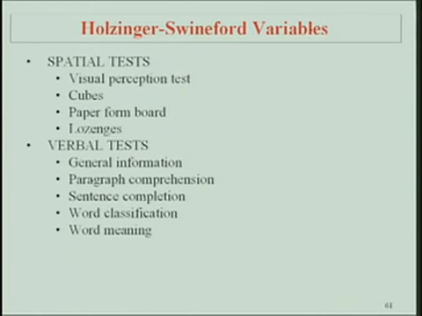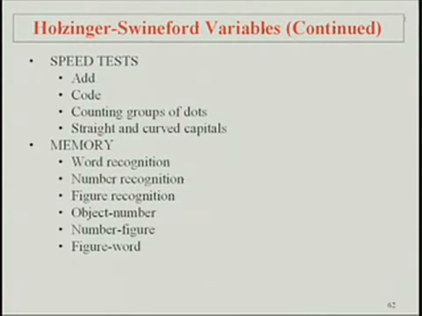And then the speed tests have to do with adding quickly, coding things, counting quickly, and telling whether things are straight or curved, but speed is of the essence here. And then memory, we have word recognition, number recognition, figure recognition, object-number, number-figure, and figure-word. So these are the items that we're going to be doing an EFA on.